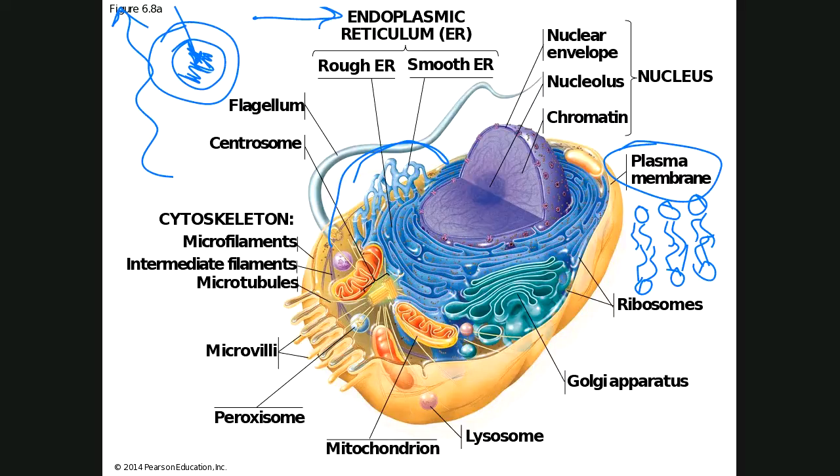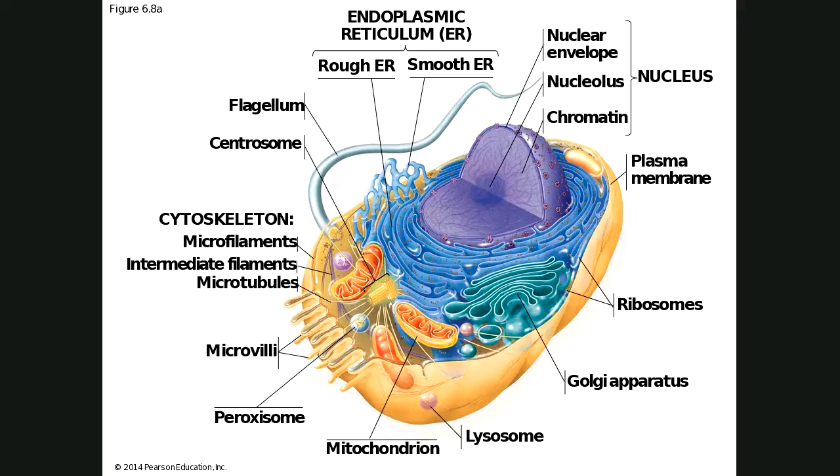So take a look at the plasma membrane. Take a look at the shape of that cell. If you were to describe the shape of that cell, what would you say? Right to the point. It is sort of globular again, right? Like that protein. Maybe you're thinking, is it an oval?